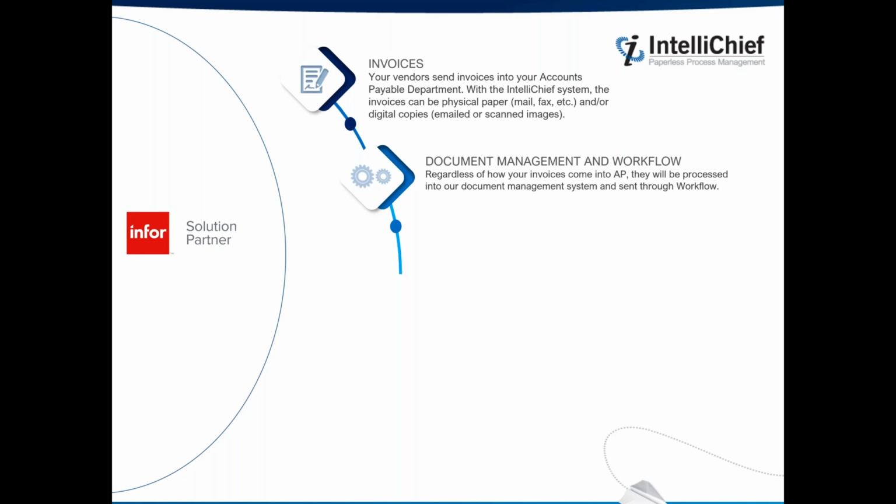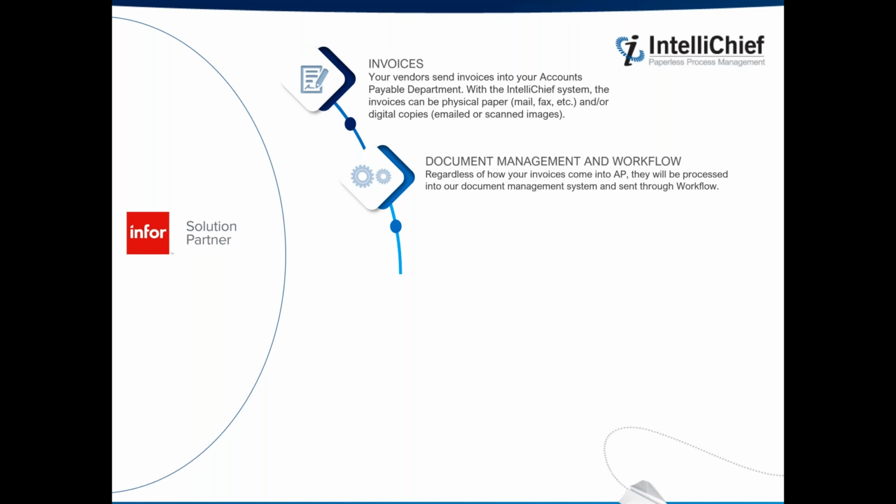Now, the first thing that happens when you're talking with IntelliChief is, regardless of how they come in, they get processed directly into the document management portion of the IntelliChief product and put into workflow. If you can get them emailed, it's fantastic from the vendor, because that's already an image, already digital.